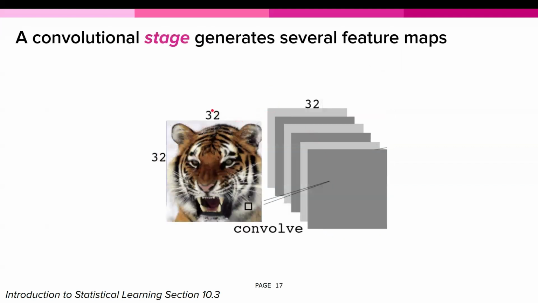And a consequence of applying multiple filters is that we're going to increase the dimensionality of the data as we go deeper. So we're effectively going to create a stack of images that is as deep as the number of kernels we specified. Each of these gray boxes represents a different channel responding to different features.